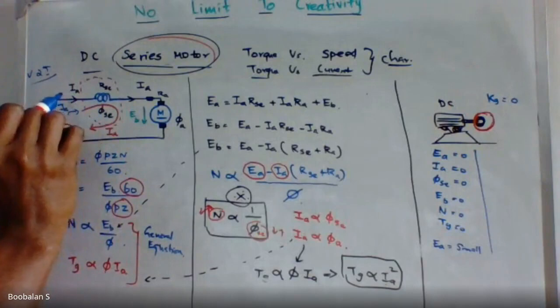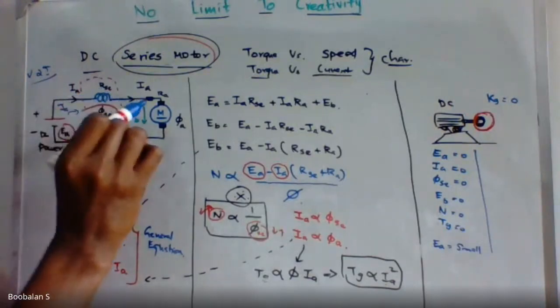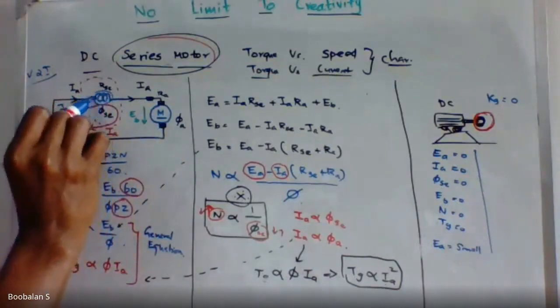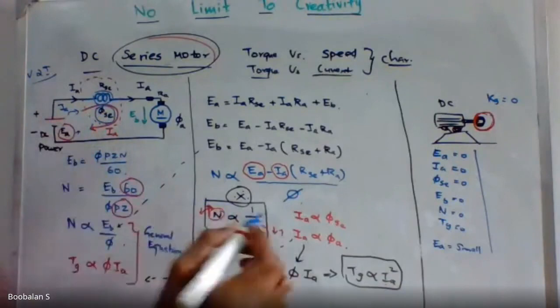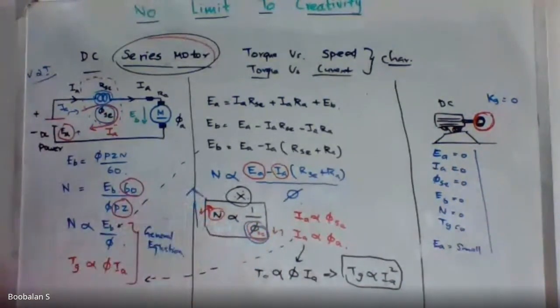So the small current IA flows through the circuit, through the series winding and the armature. This small current introduces a small phi SE, and a small phi SE gives a very high, huge speed. Am I correct?